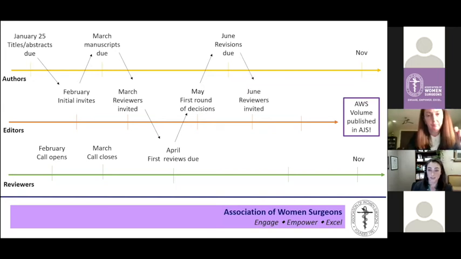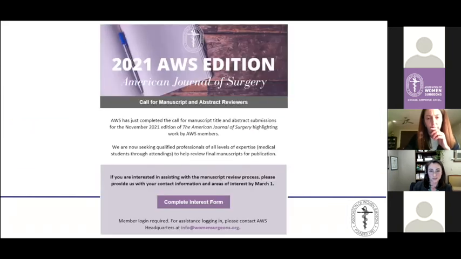So again, this gets back to Dr. Santry's point that you will have an opportunity to re-review this in a time frame for this volume in June. And so hopefully everyone will carve out a little bit of time for that. The second reviews are due, and then we get final decisions in late July to meet a November volume deadline. So for anyone who's interested in volunteering, this is really what that time frame is going to look like, and hopefully you can make time for it in your schedule.